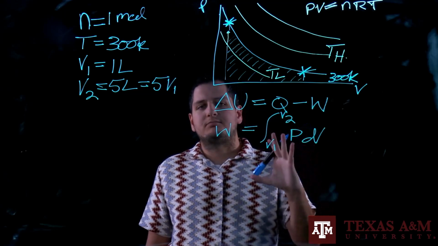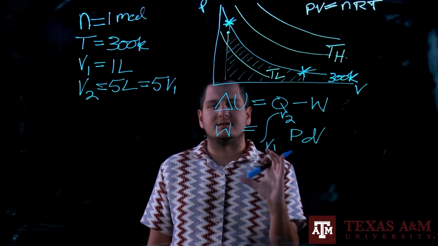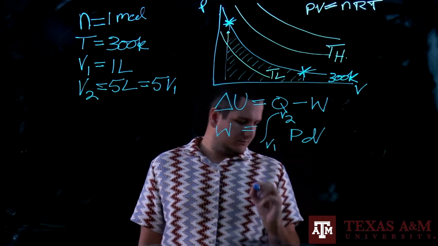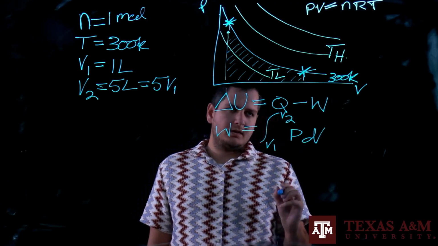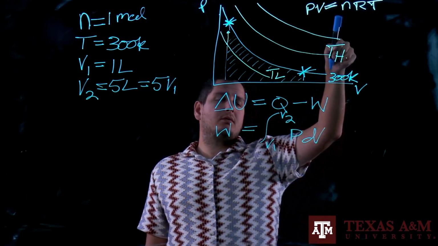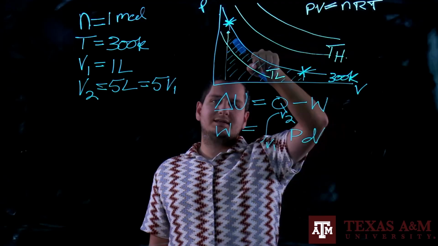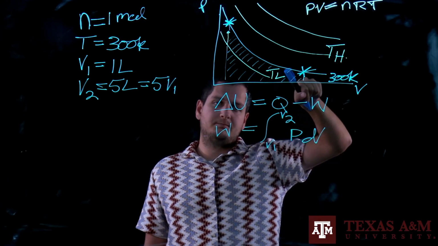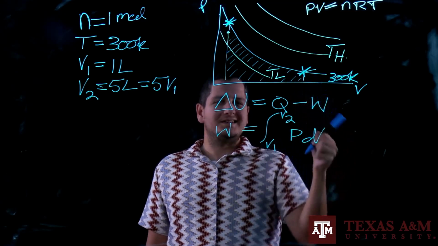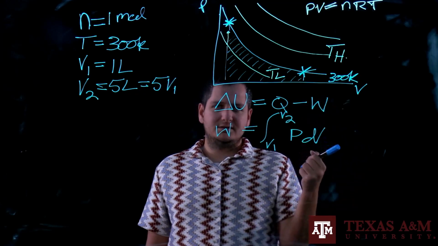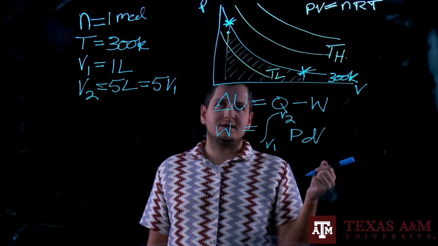So it's working in this pressure field, right? It's working against some pressure, okay? And what we will do, we need to get this area under the curve, right? It's not an easy rectangle, but we can still do it, right?